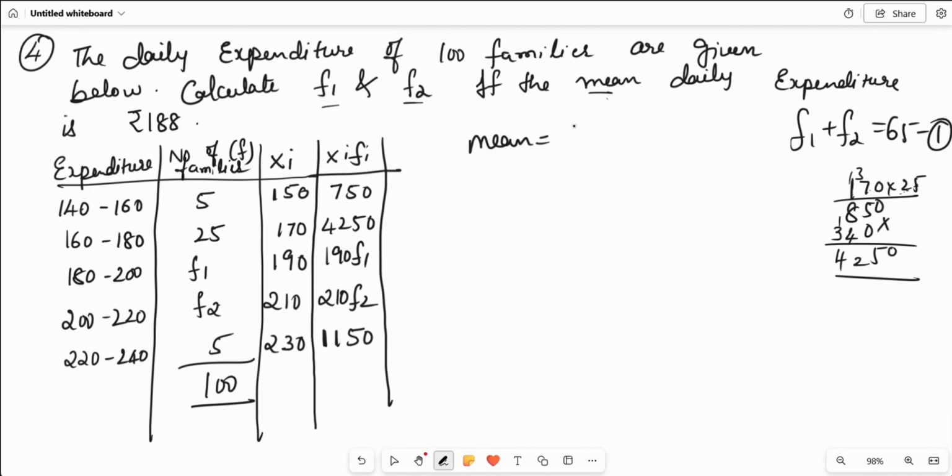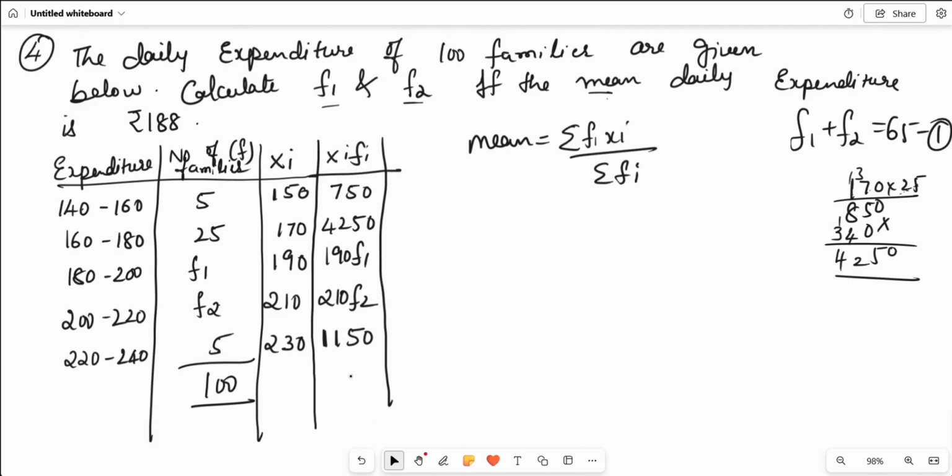Okay. So what is the mean value? Mean is equal to, in the direct mean method, sigma fi into xi by sigma fi. Okay. So the mean value he has given, that is 188. Sigma fi into xi by sigma fi.